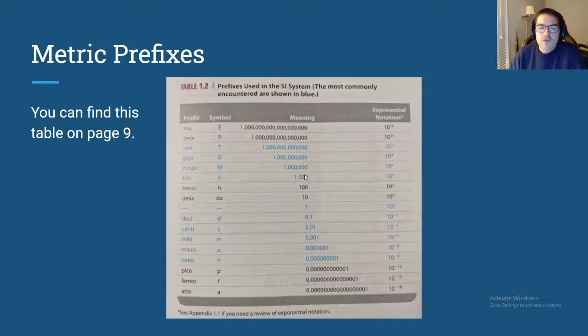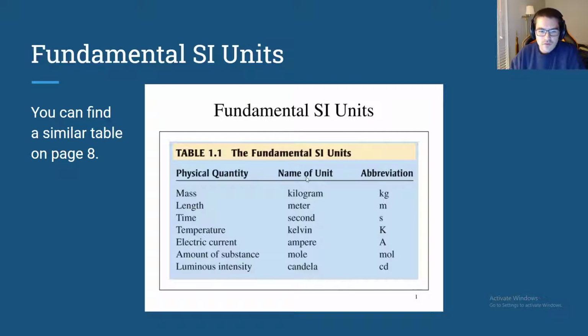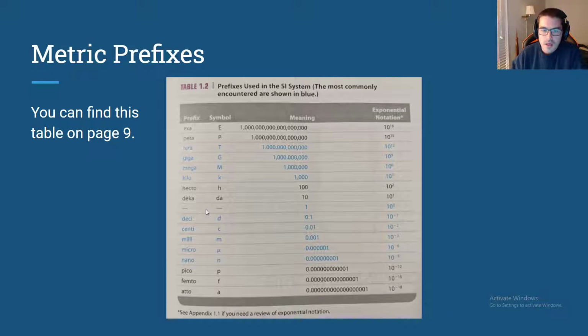So let's go back to the last slide. Let's talk about meters. Meters are the fundamental SI unit for measuring length. Now, if we're measuring something that's about human size, then we can just measure it in meters, and that's totally reasonable, right?